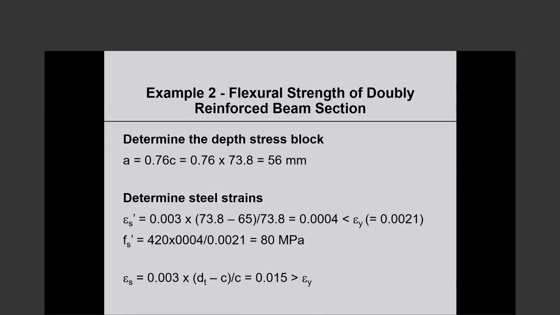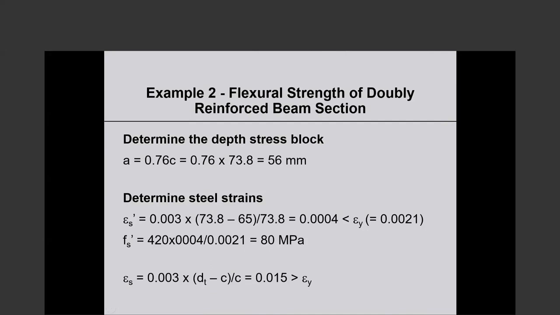So the stress block depth is 76% of that, which is 56 millimeters. Now we can determine the strain in the compression reinforcement by straight line strain distribution. That comes out to 0.0004, and that is less than the yield strain of the compression reinforcement, as we postulated.